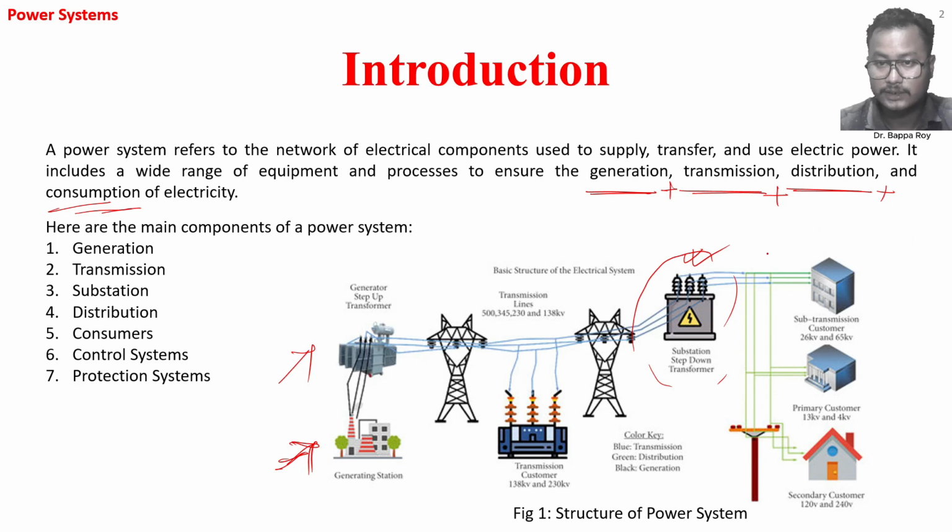Then it goes to the step down transformer. From the step down transformer it's going to substations, to the primary customer, to the secondary customer. Even from the substations we are distributing to consumers. It's coming out from the substation, from the step down transformer to the substation, or it's written here as sub transmission customer.